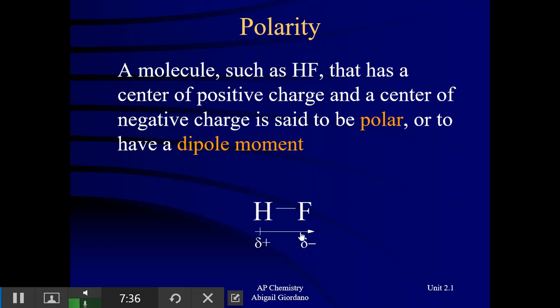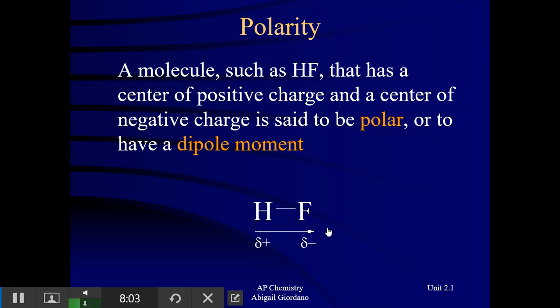Because of this little symbol right here, that delta and then the negative. That's telling me that the fluorine end of this bond is the more negative end of the bond. The hydrogen end is the more positive end. So those shared electrons must be sort of leaning more towards the fluorine side.